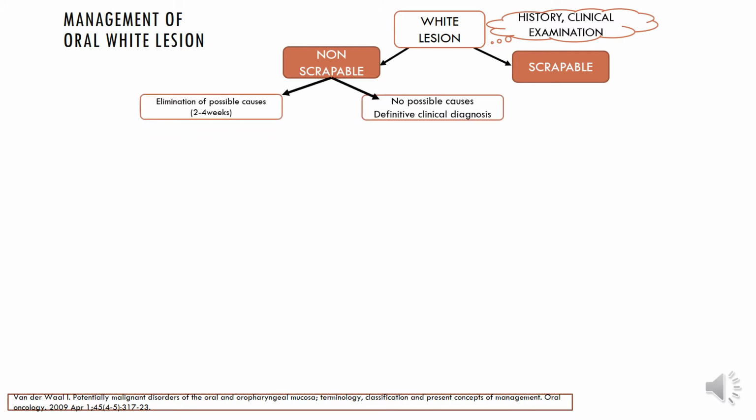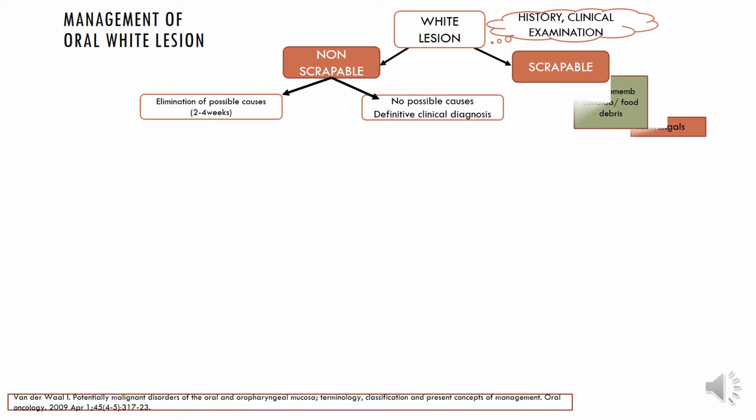For a non-scrapable white lesion, you would look at first eliminating the possible cause of the white lesion and giving it 2 to 4 weeks for the lesion to subside or disappear completely. And in case there is no possible cause to be eliminated, you need to look at a definitive clinical diagnosis.